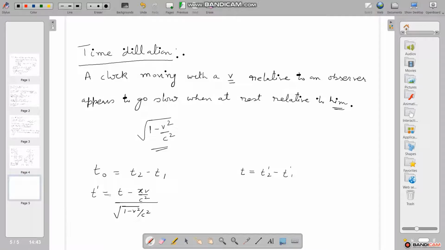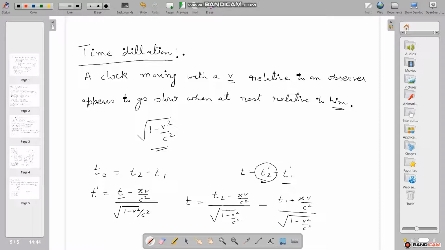If we put the values of t2 dash and t1 dash in this equation, t2 dash becomes t2 minus xv upon c square upon under root 1 minus v square upon c square, minus t1 dash, which is t1 minus xv upon c square upon under root 1 minus v square upon c square.